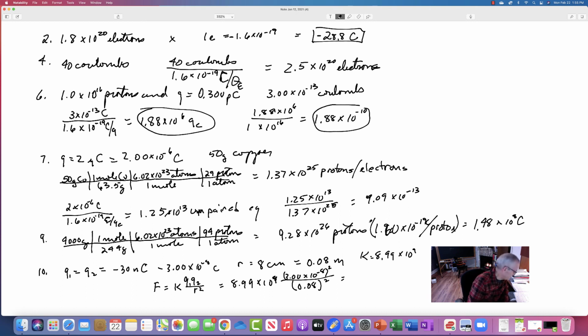And if you do all the math around this, you get 1.26 times 10 to the minus 3 newtons. And that's the force that's generated between those two pith balls. Now, if they're both negatively charged, then it will be repelling. They will repel each other with that level of force.